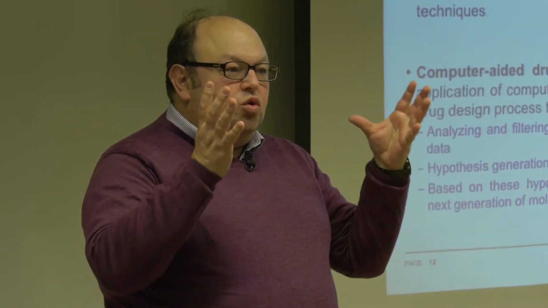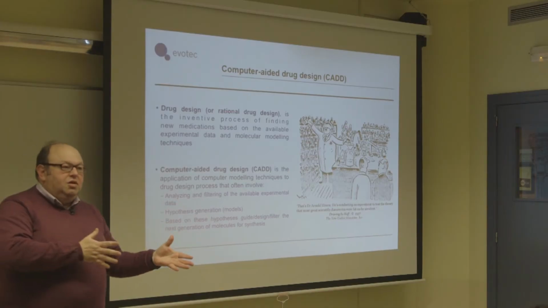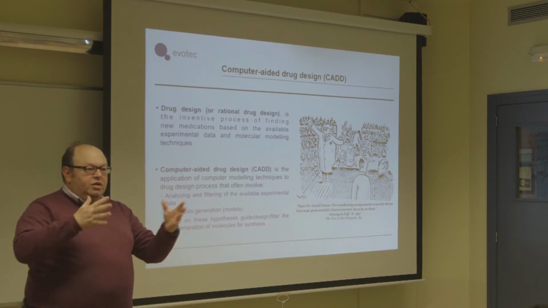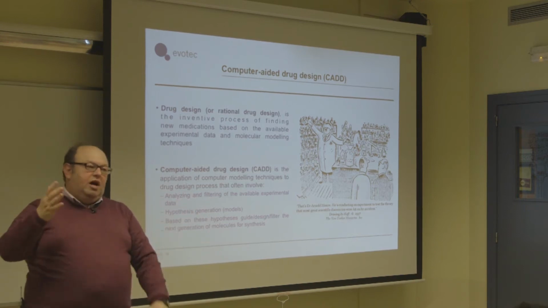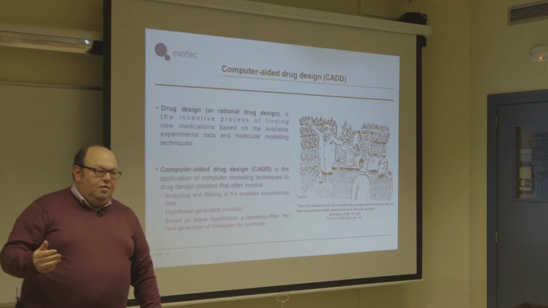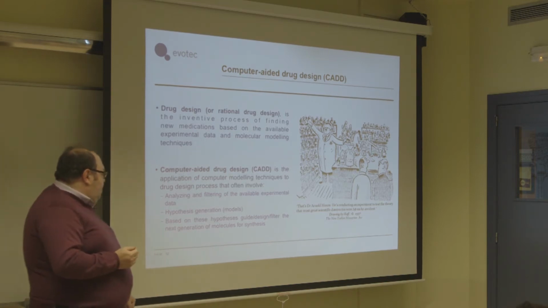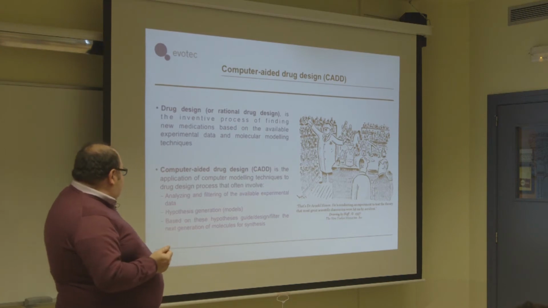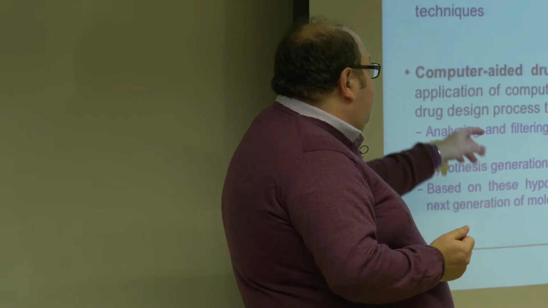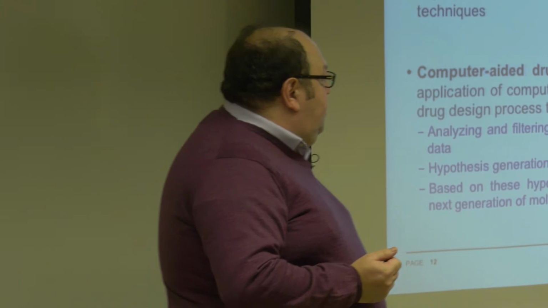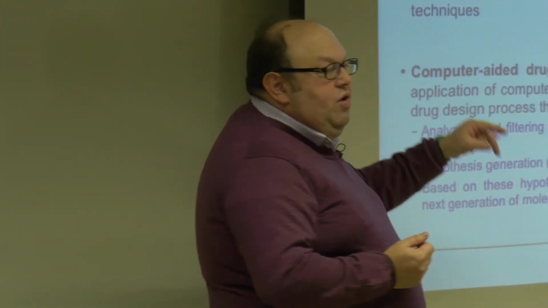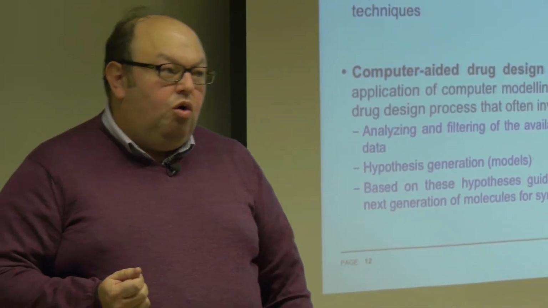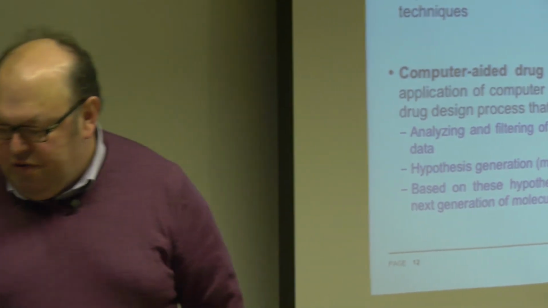But anyway, those are tools that help us to predict and design new targets for synthesis. So based on those hypotheses, we design the next generation of molecules for synthesis. So this is hypothesis-driven drug discovery, or rational drug discovery, or design.